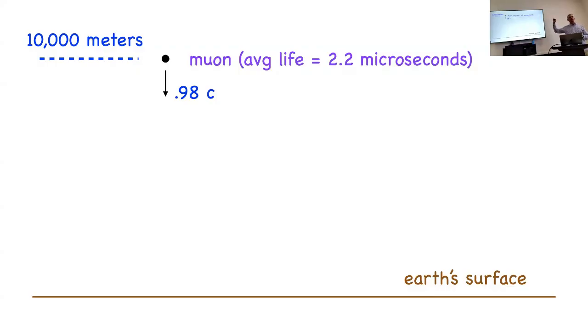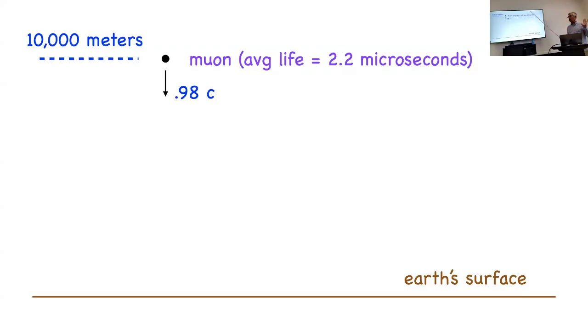But you can detect a muon and distinguish it from the things that create it and the things that it disintegrates into. So you can put your sensor up here at 10,000 meters, and your sensor will tell you on average there's X number of muons passing through every moment. And they all have an average lifespan of 2.2 microseconds, which means some of them actually live longer than that.